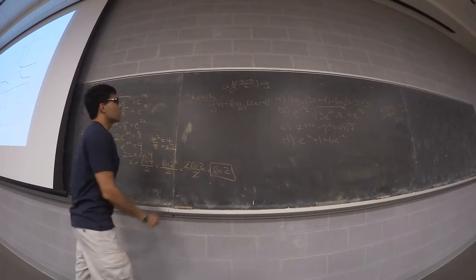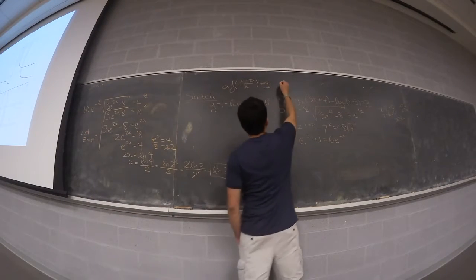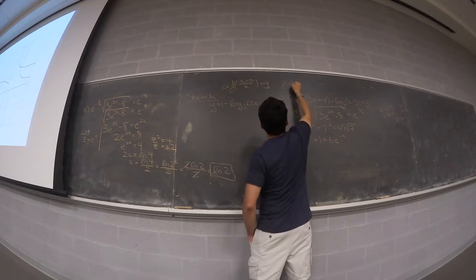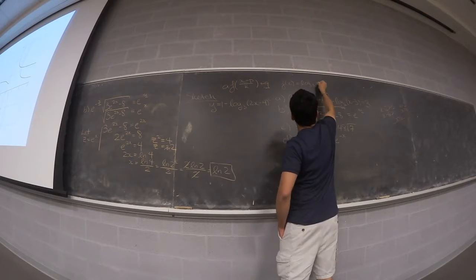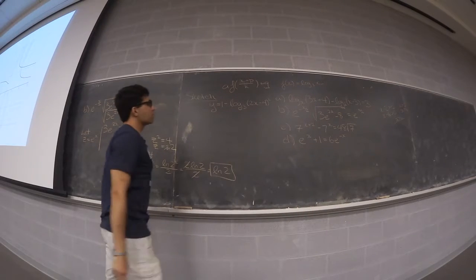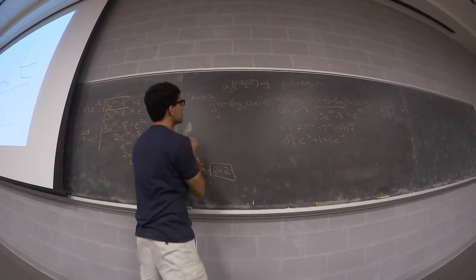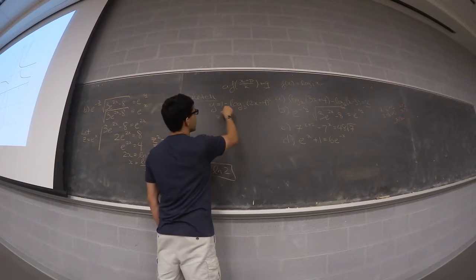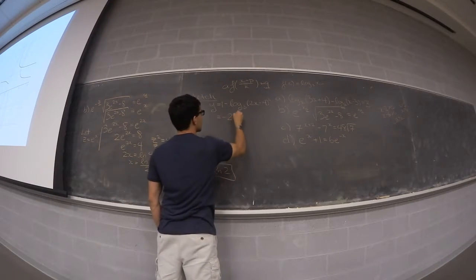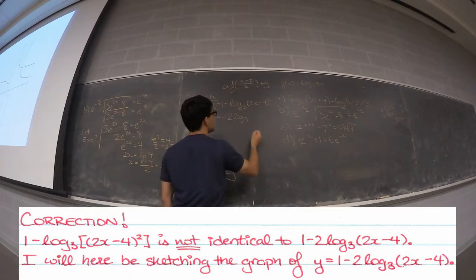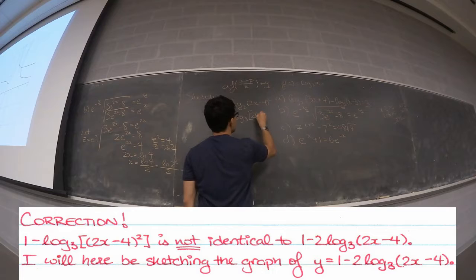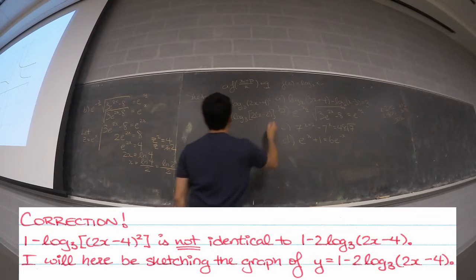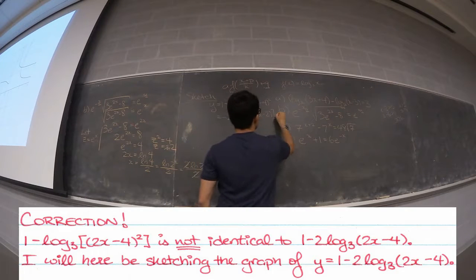In this case, f at x, that core thing, is log base 3 of x. So let's play with this. I could write this as minus, bring the 2 down in front of the log, and factor this guy, and add the 1 on the end, over here.